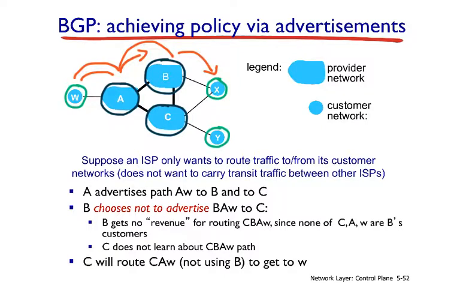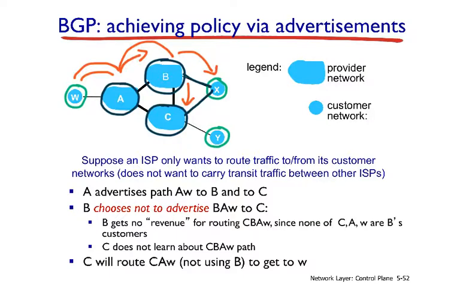So since X is a client or customer network of two different provider networks like B and C, I give you a question. Do you think that it is interesting for B to advertise the same path to this other network?